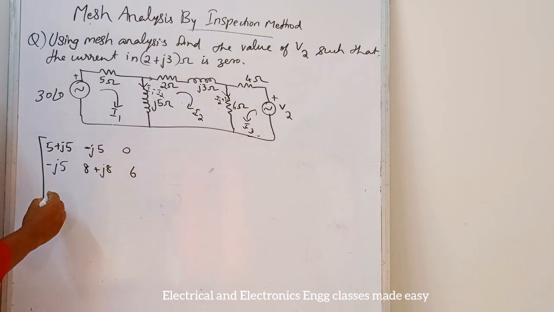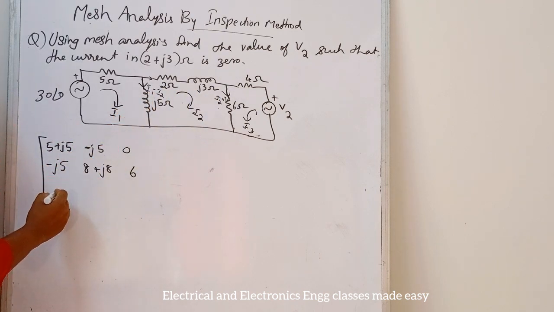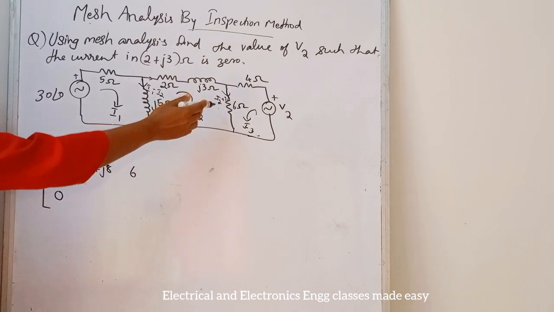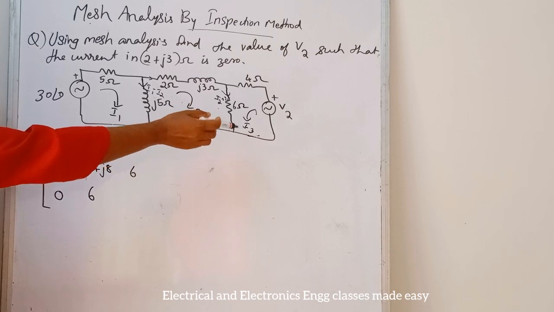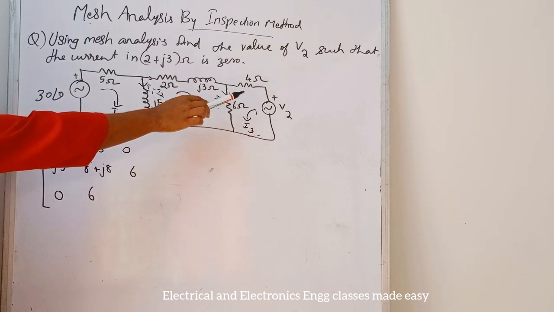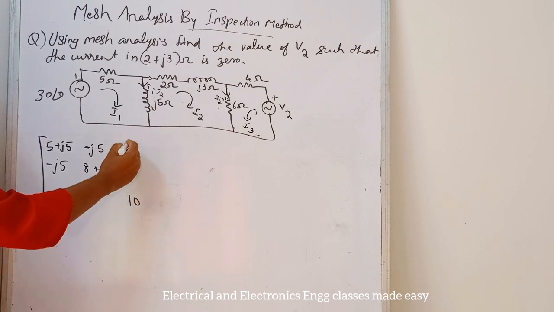Then the next row: R31, common to the first and third, is 0. Then R32 is the same as this one, 6. Then R33, the total resistance in the third loop, is 6 plus 4, that is 10.